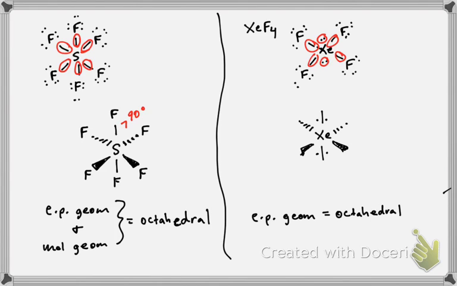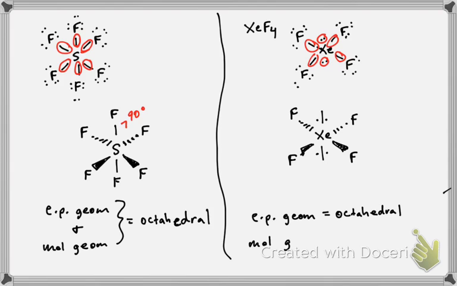Okay, and then we'll put the 4 fluorine atoms on that plane there. Okay, and notice that this forms kind of a square shape, and so that's called a square planar molecular geometry.